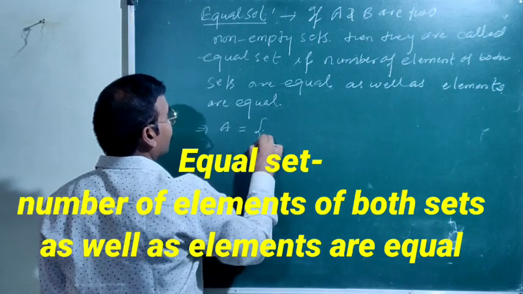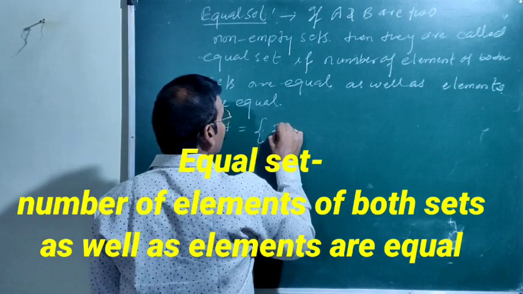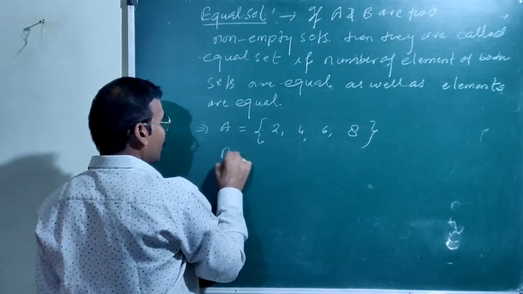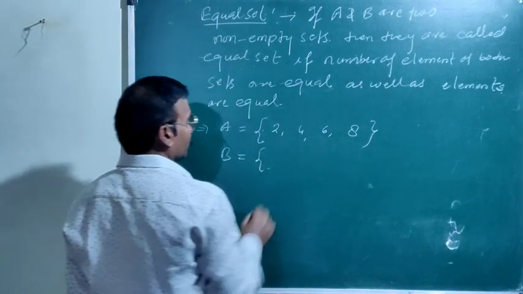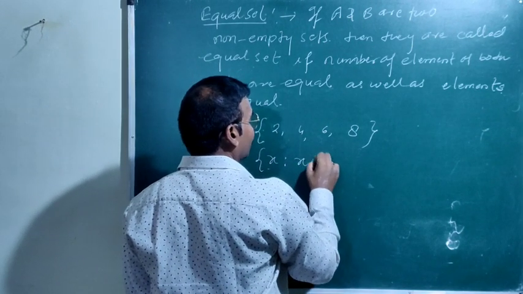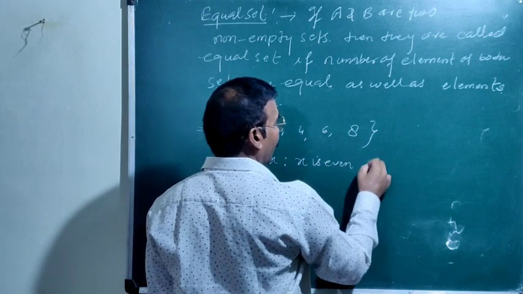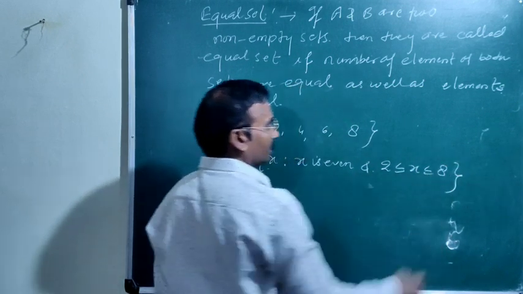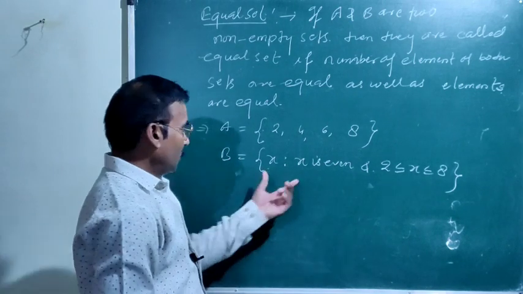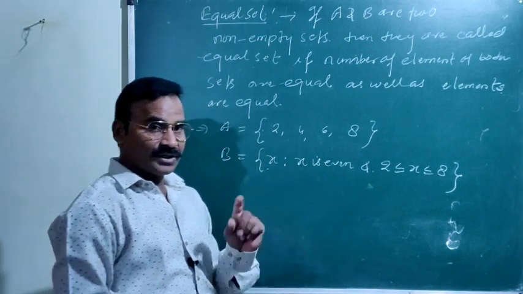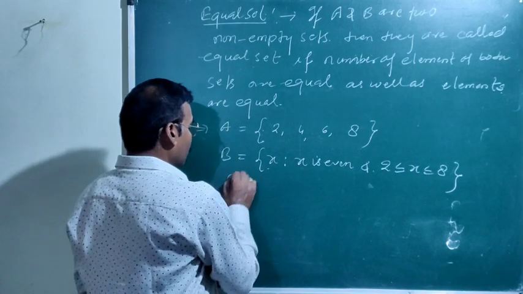For example, if A is 2, 4, 6, 8, now B is X where X is even and 2 less or equal to X less or equal to 8. This is given in set builder form. First you convert it into roster form.